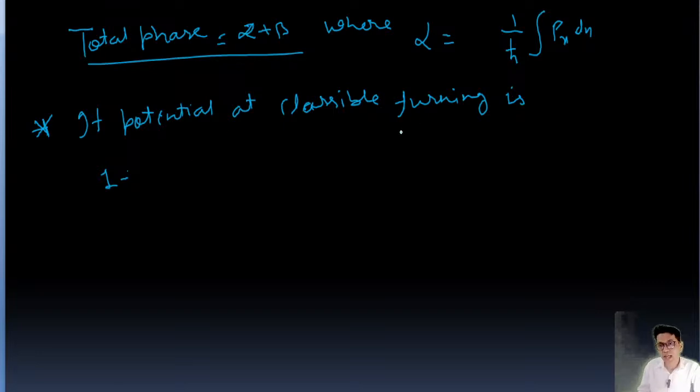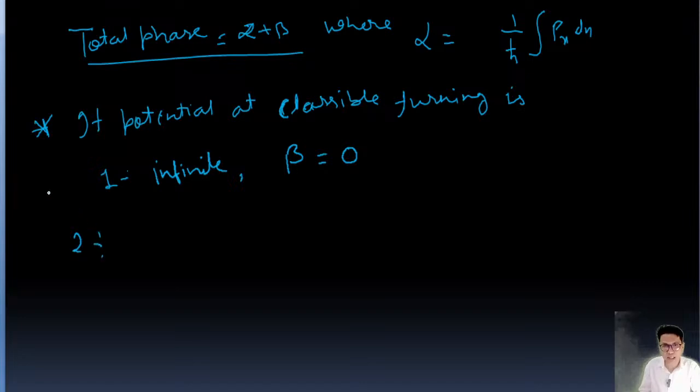Okay, if the potential at the classical turning point is infinite, in that case the value of beta is going to be 0. I'll solve a question so it will be more clear to you. So if the potential at the classical turning point is infinite, that is case 1, then the value of beta is going to be 0.